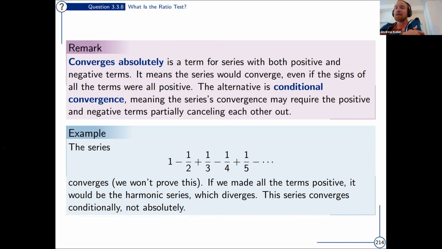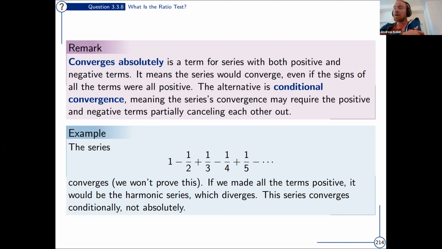So we'll let the even terms be negative. 1 minus 1/2 plus 1/3 minus 1/4 plus 1/5, etc. This is an alternating harmonic series. It turns out that this series converges, although we won't be able to prove this together. If we made all of the terms positive by taking absolute values, this would just be the harmonic series which diverges. So the alternating harmonic series is an example of a series which converges conditionally, but not absolutely.